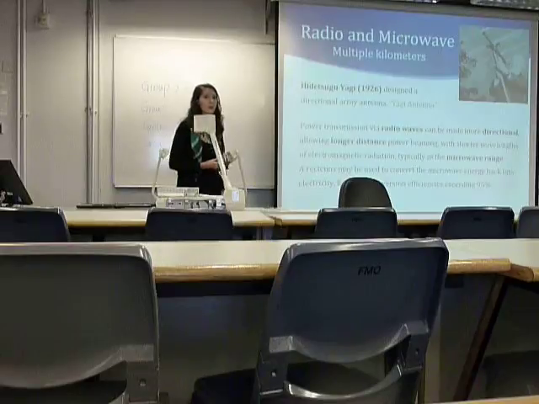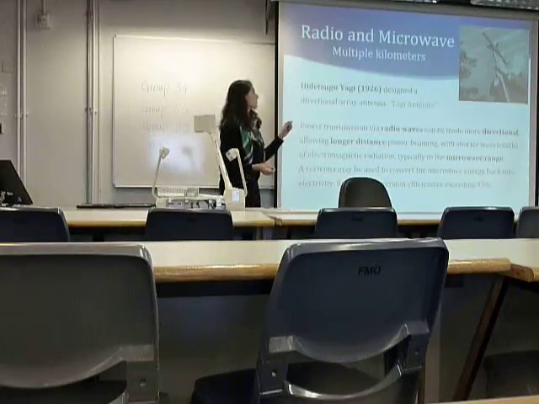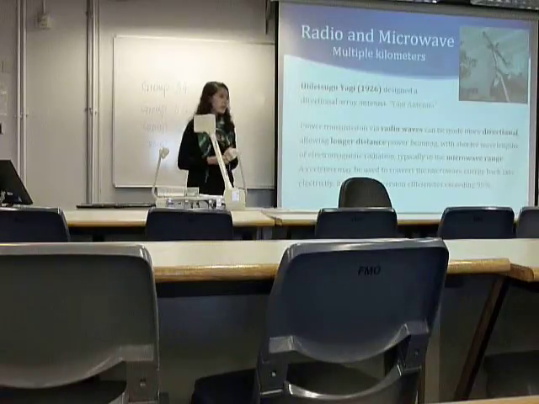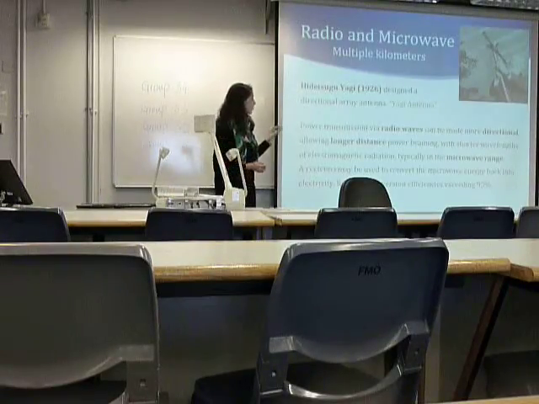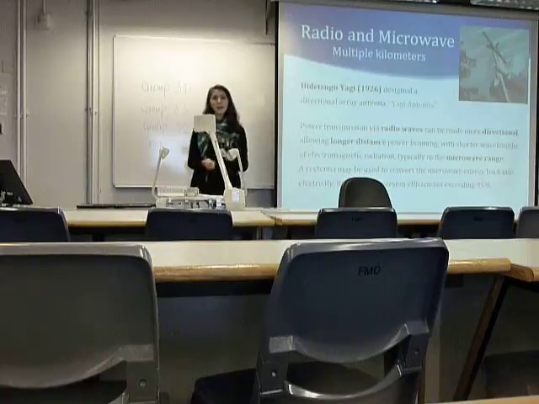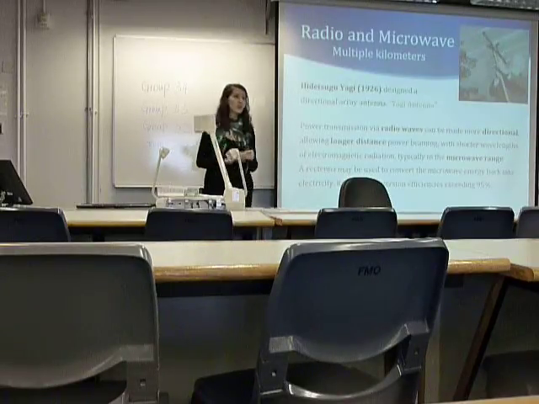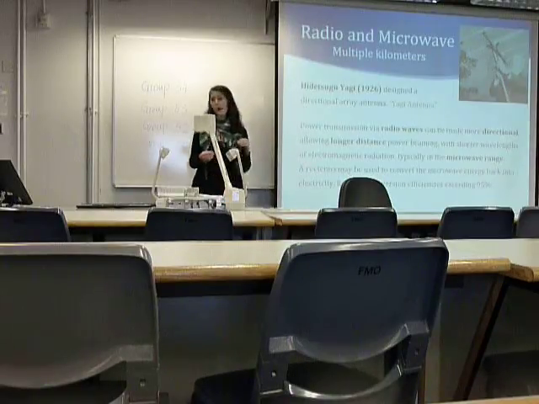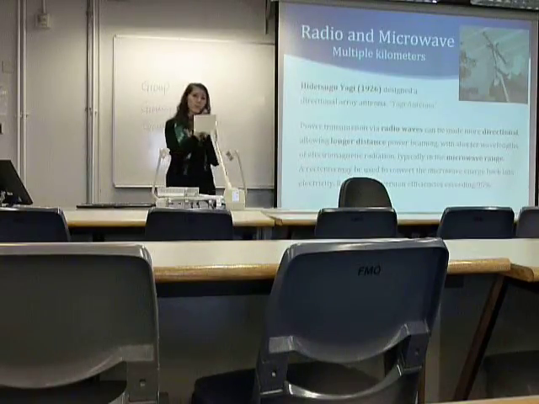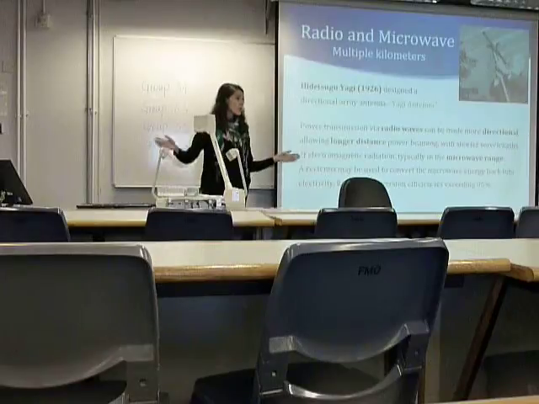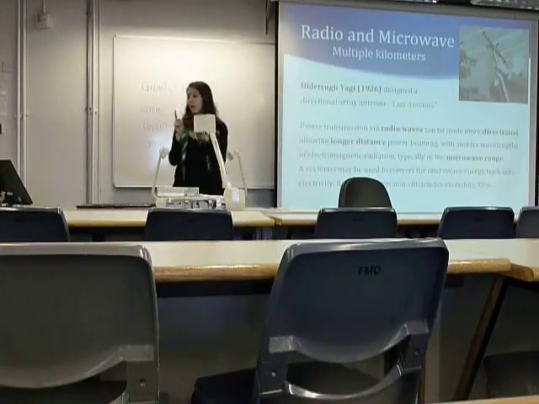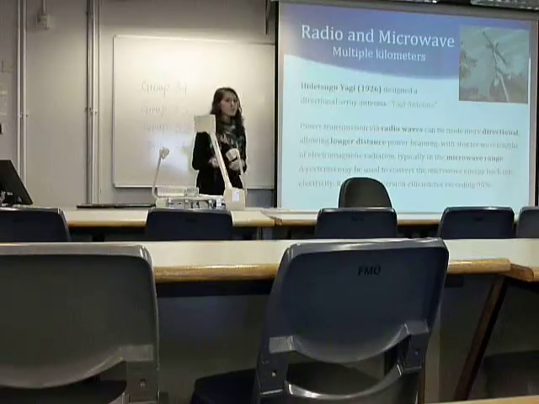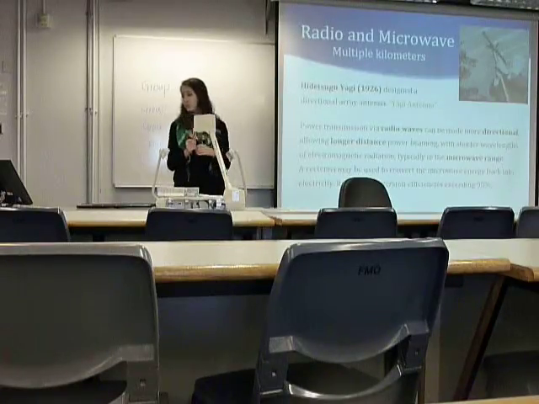And the third method, the long range, is multiple kilometers, using radio and microwave. There is a Japanese scientist called Hidetsugu Yagi. He designed a directional antenna, now called the Yagi antenna. How it works is that the power transmission is via radio waves and can be more directional, allowing longer distances and having a shorter wavelength of electromagnetic radiation, typically in the microwave range.